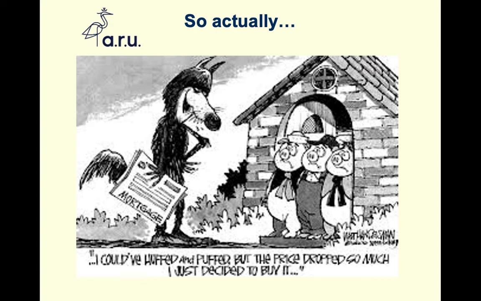So actually, we can have situations where a repossession or a sale occurs relatively easily. The saving grace, I suppose, in the current economic situation is that banks are just not able to do that as easily anymore, and there are pre-action protocols.